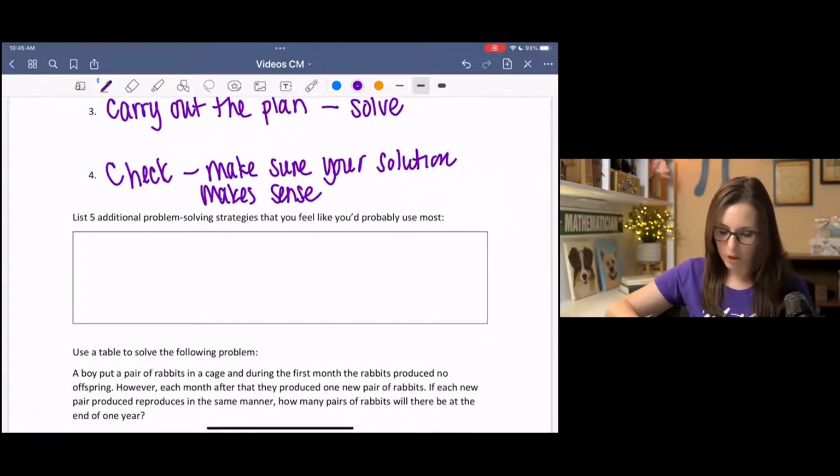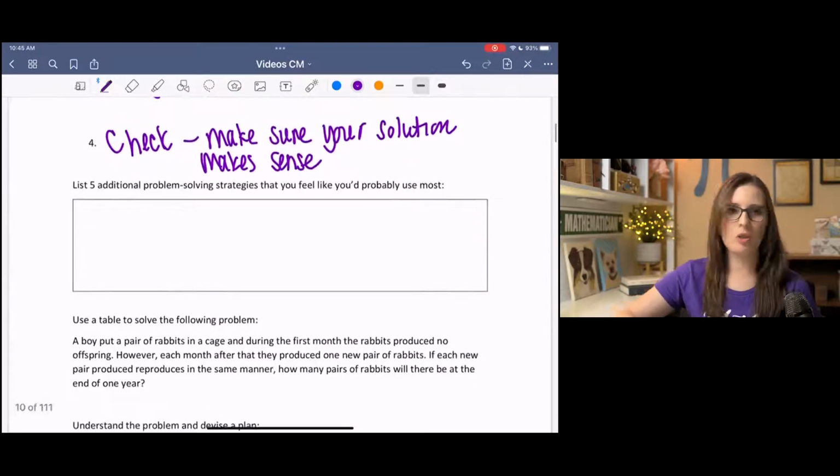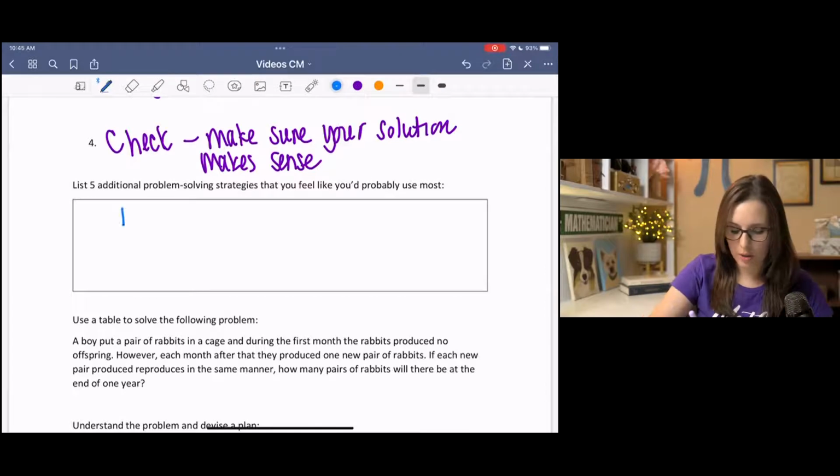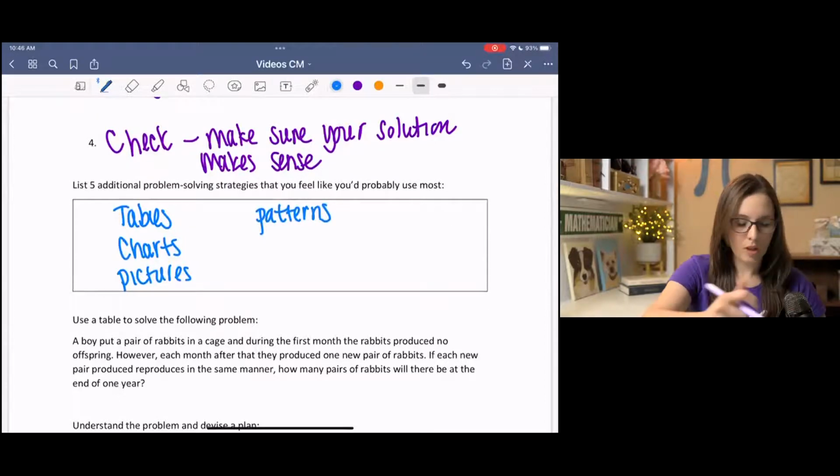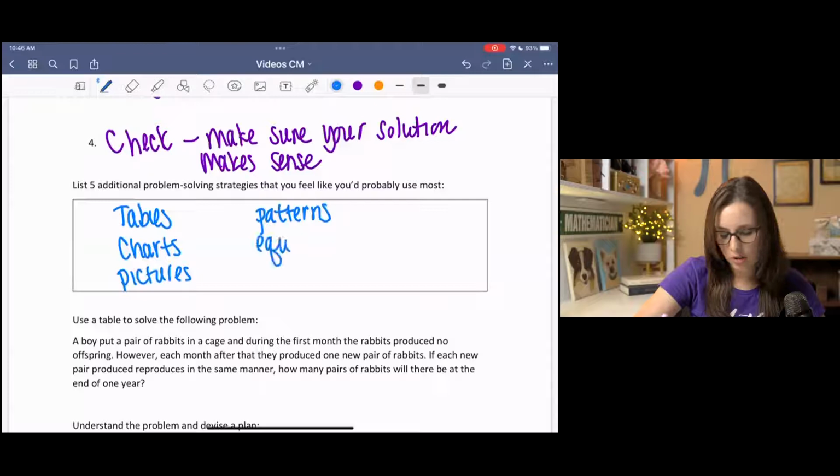Some additional problem solving strategies that you can use. There's a whole bunch of strategies. The ones that I use most often are tables of values, charts, pictures, looking for patterns, writing equations, and working backwards.